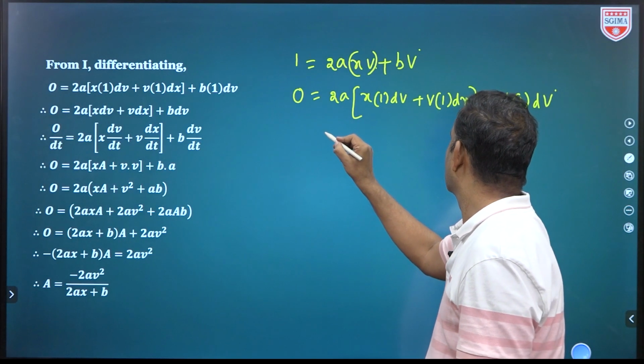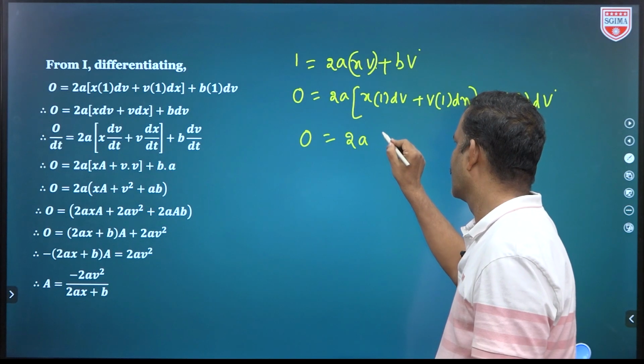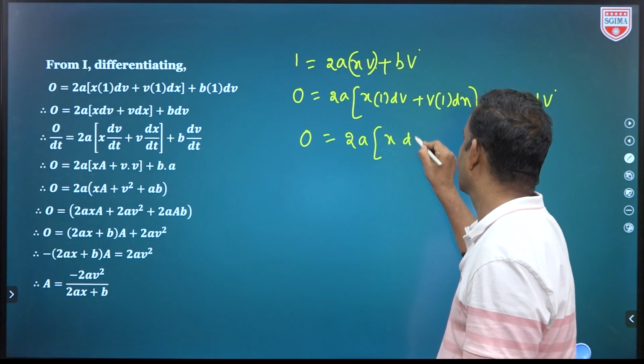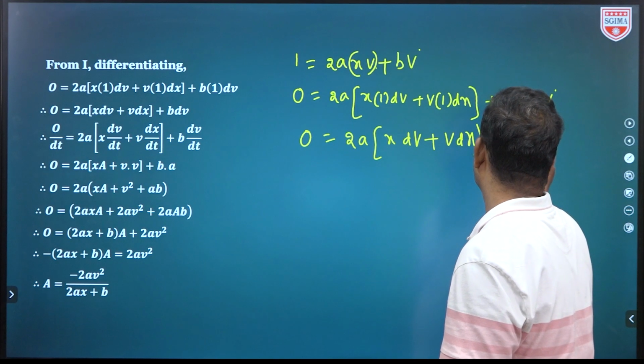So, 0 is equal to 2a times x dv plus v dx, plus b dv.